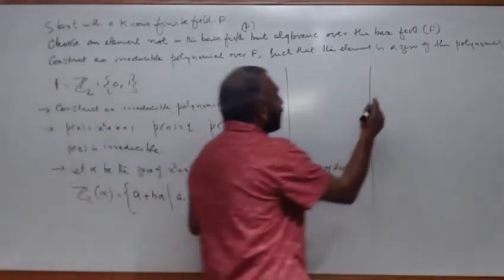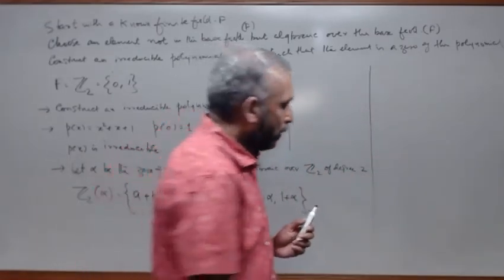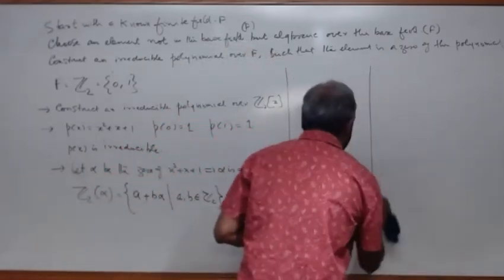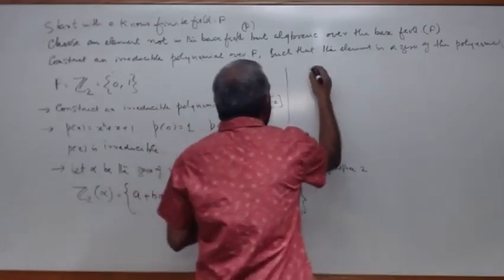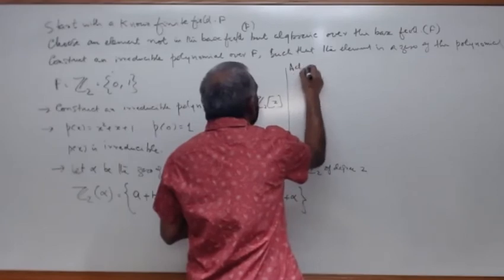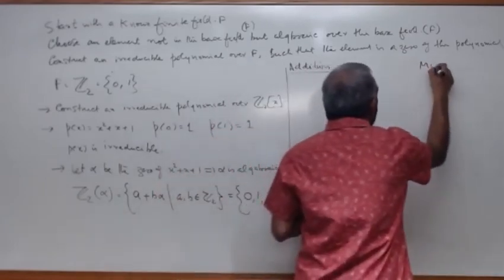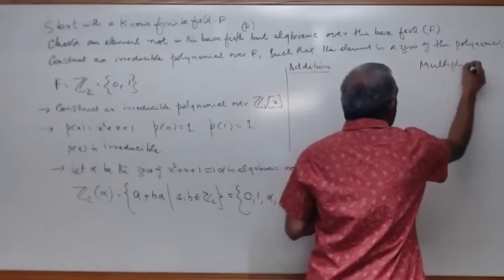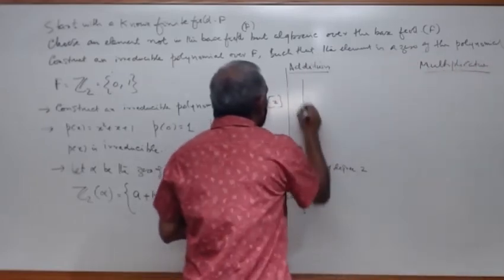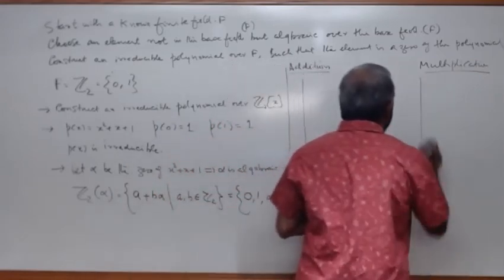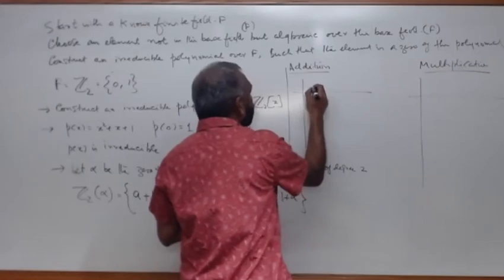So we'll try to find the addition and multiplication tables for this. Because it's a finite set, we can always come up with the addition and multiplication tables.